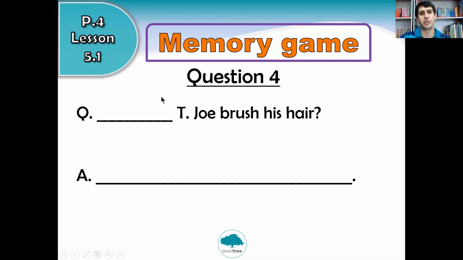Now question 4. Teacher Joe brush his hair. Do or does? 3, 2, 1. Does Teacher Joe brush his hair? Do you remember? Did you look at the timetable? No, he doesn't.